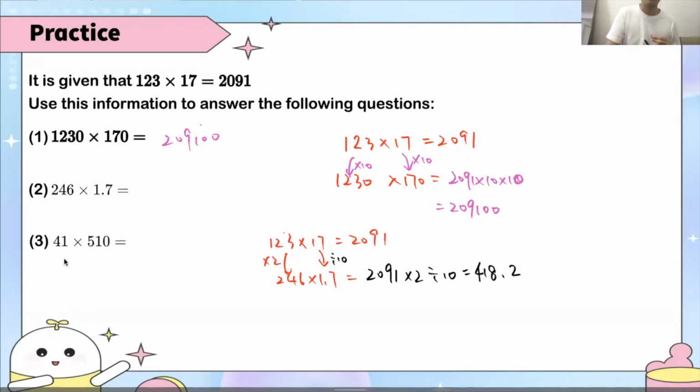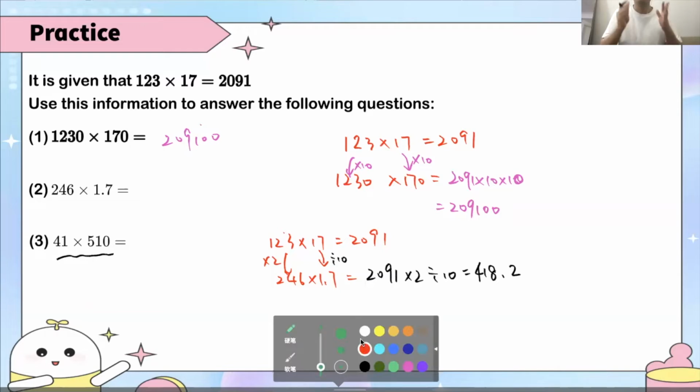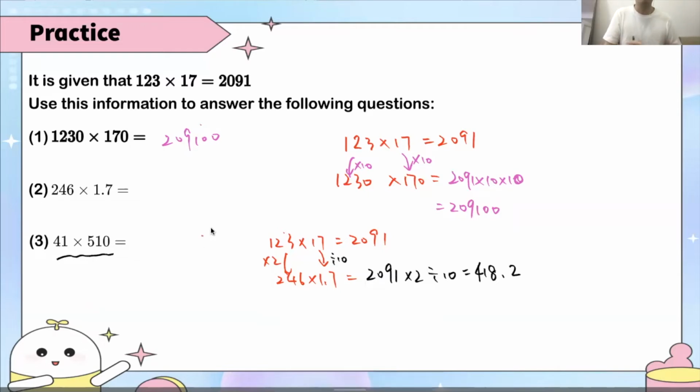Okay, we have the third question. 41 times 510. Whoa, there's no connection with the original equation, right? Do we have some connection here? Okay, I will write down 123 times 17, that is 2091.